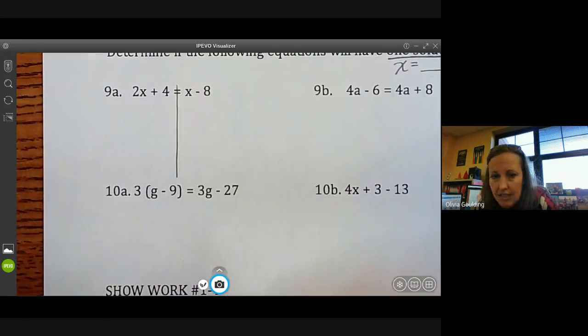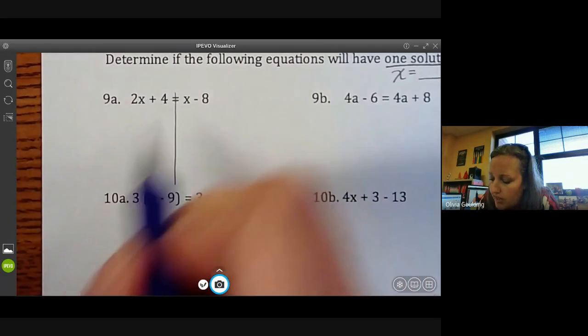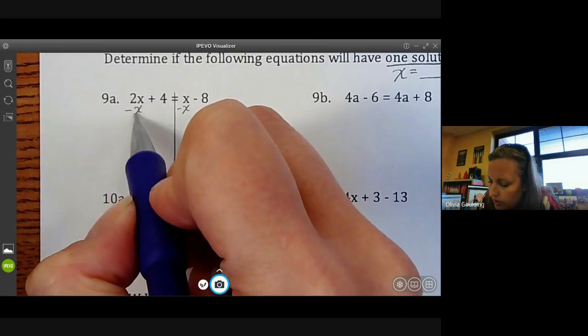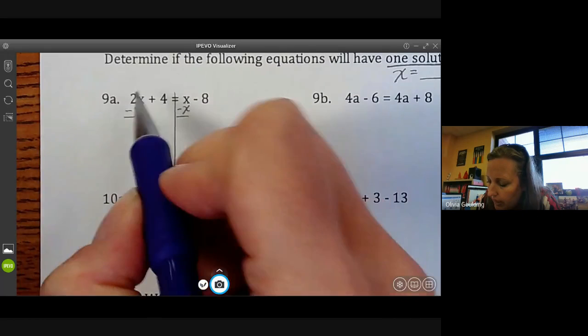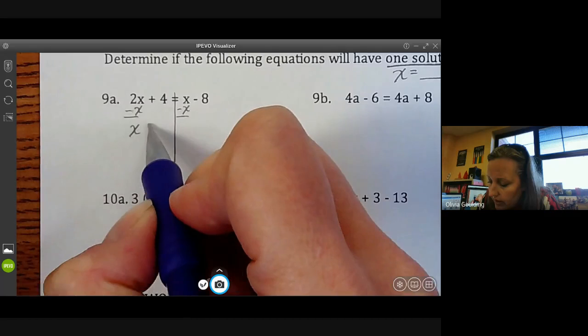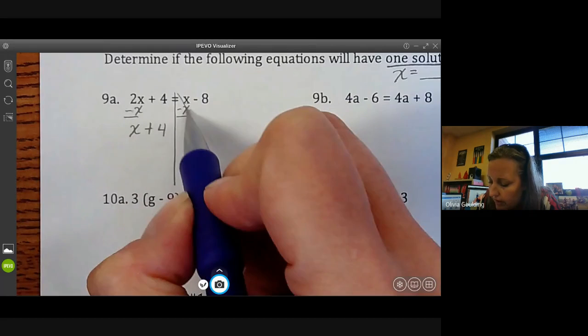So for this one, let's start the process, and we've learned in class how to deal with variables on both sides. So I'm going to subtract x from both sides first. I have 2x minus 1x is just x. I'm going to bring down my positive 4.